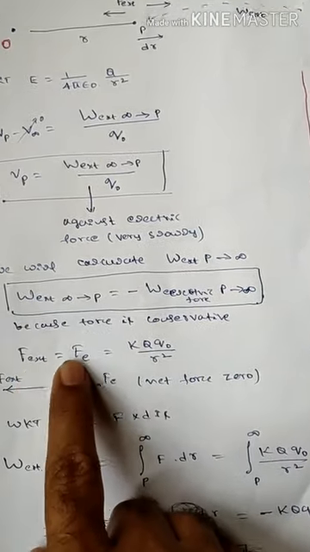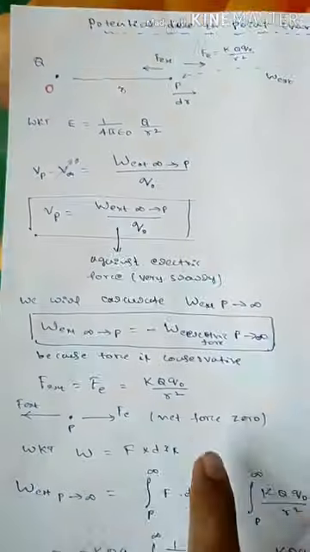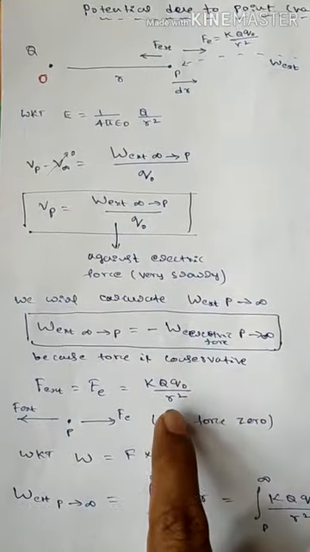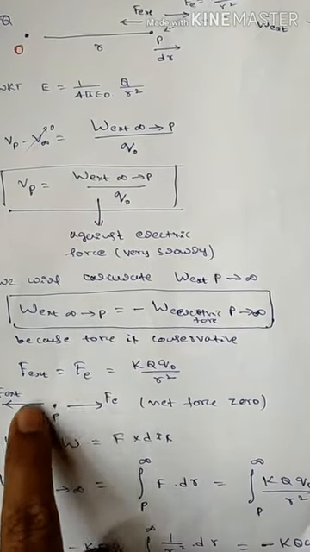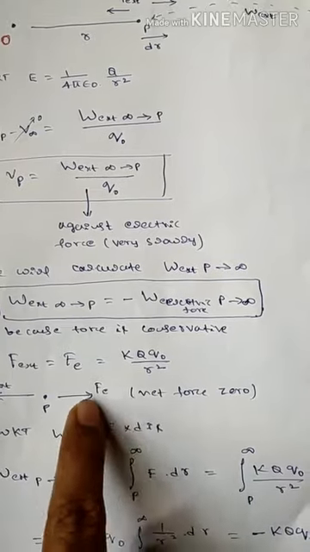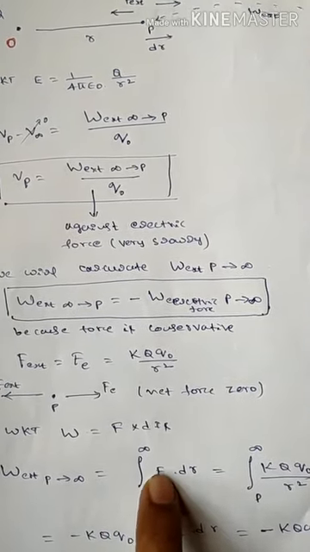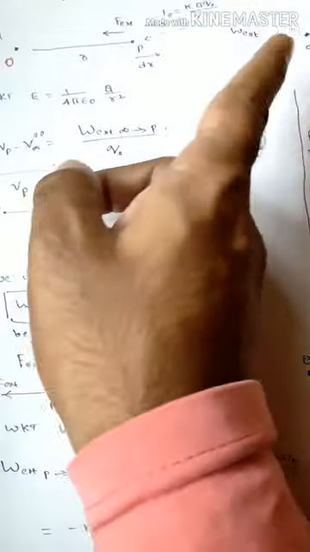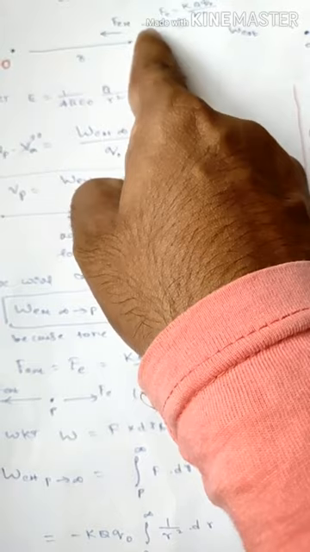See, F external is equal to F e. We know that the force between these two points is 1 by 4 pi epsilon q into q naught divided by r square. Here 1 by 4 pi epsilon we can directly take as k. Here is the direction of the external force, here is the direction of the electric force. Then work done is equal to force into displacement. But they are of equal quantity, right?